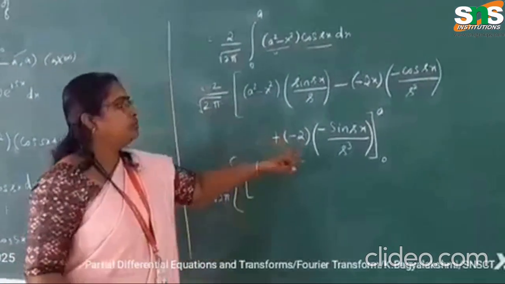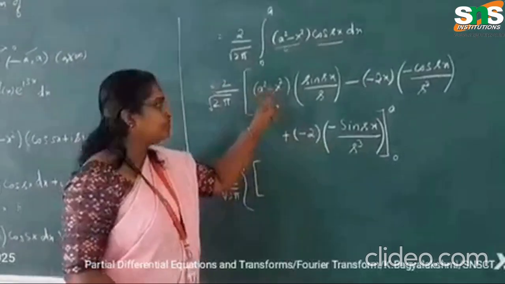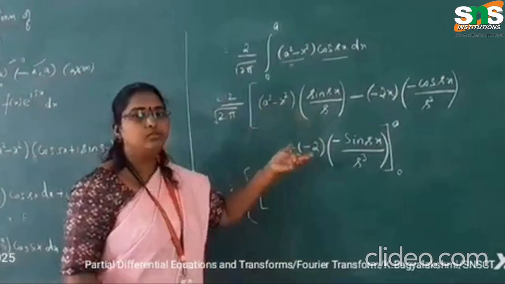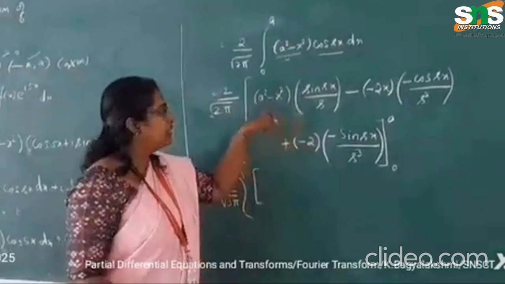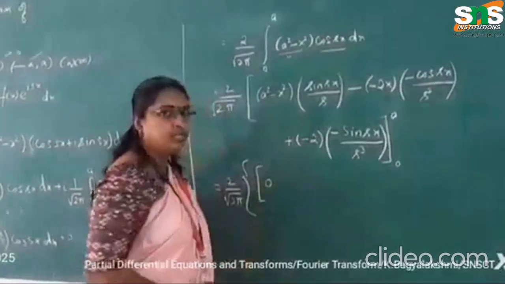First I am going to apply the upper limit. So a squared minus a squared, I am getting the value 0.